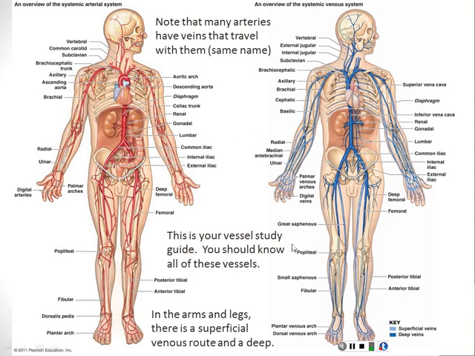Okay, so this is your vessel study guide. And the reason for that is this does not include all of the named arteries and veins, right? These are the big ones. So I can't ask you anything off of this slide. Just like we were talking about, the arteries are the same on the left and right.